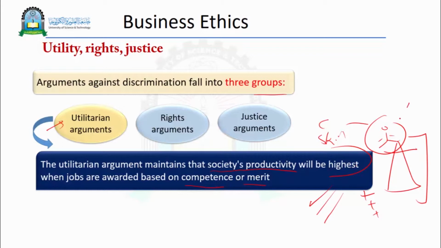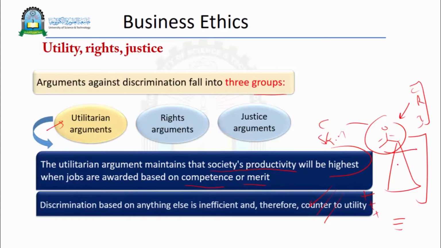But if this person was hired for considerations like color, religion, ideology, whatsoever, decisions made by this manager will not be effective and efficient. So efficiency will not be attained and the productivity of the society will be less. So discrimination based on anything else is inefficient and therefore counter to utility, which is based on maximum benefit given to the whole society.